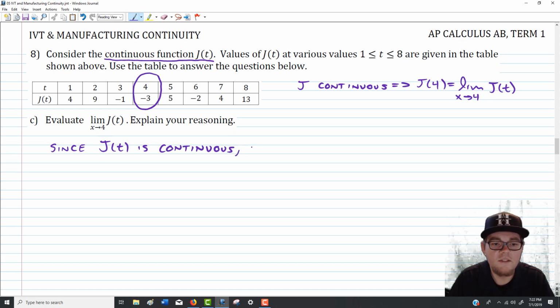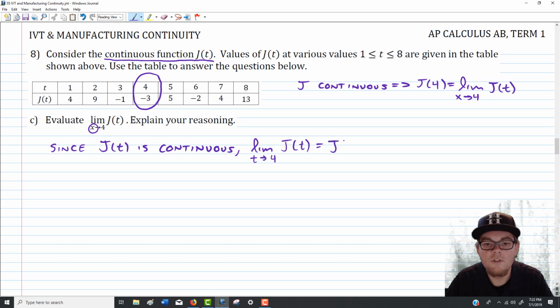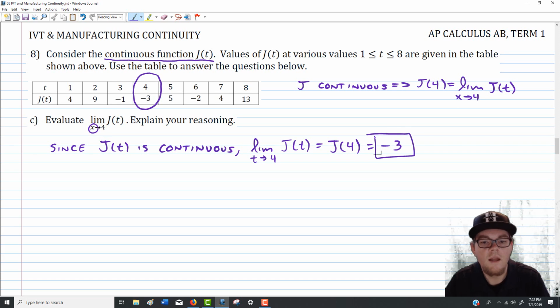Since j of t is continuous, the limit as t approaches 4, I put an x there, I gotta fix that, I'll fix that later, the limit as t approaches 4 of j of t equals j of 4. Again, only true because j is continuous, and j of 4 is -3. And our explanation is literally those words, j of t is continuous. So voila, pretty straightforward.